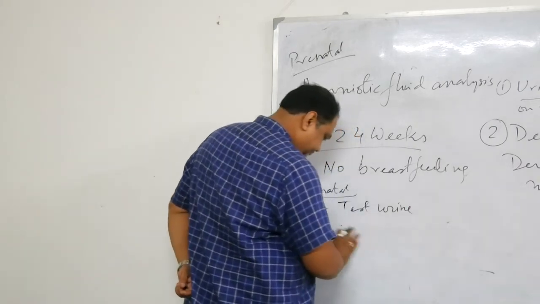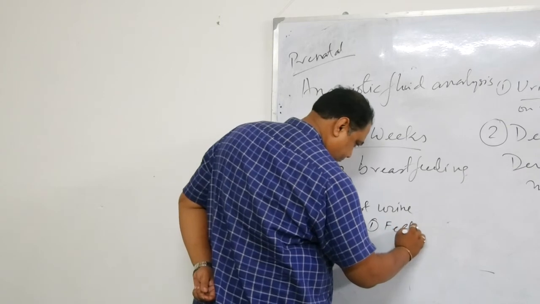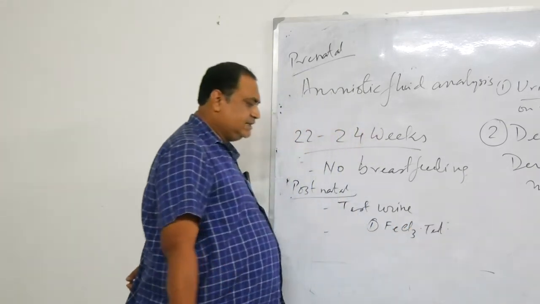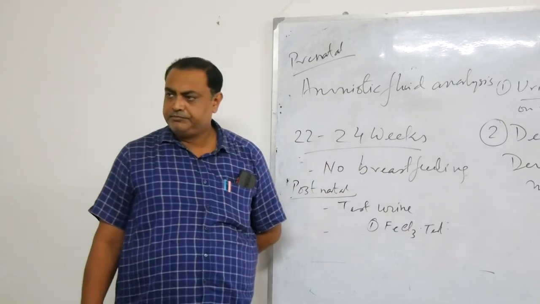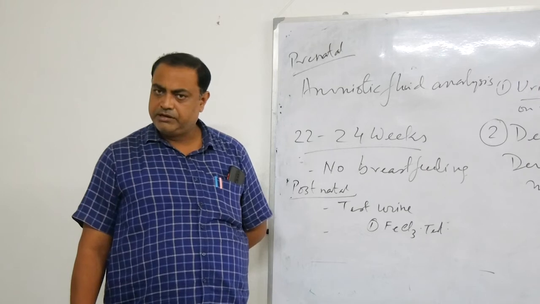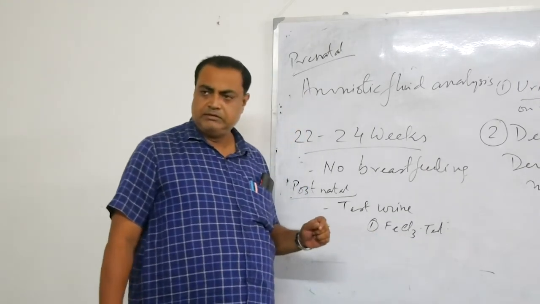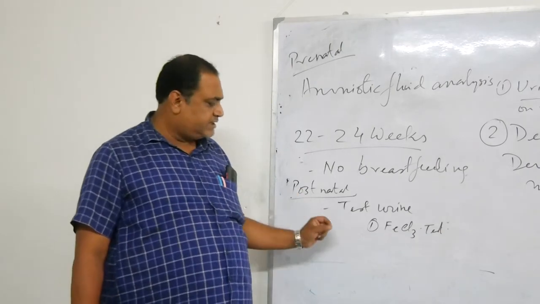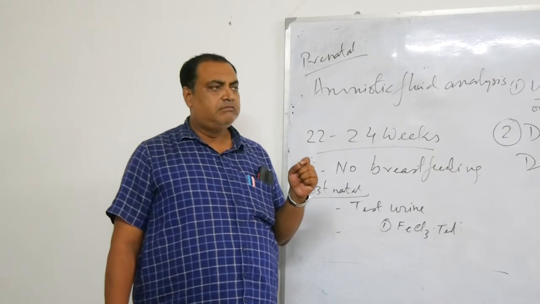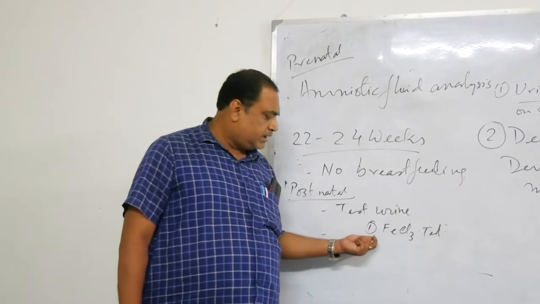What will you do? Efficiency test. Ferric chloride test. What is the ferric chloride test? A freshly prepared ferric chloride fluid test. Ferric chloride is a highly hygroscopic, water-absorbing substance.